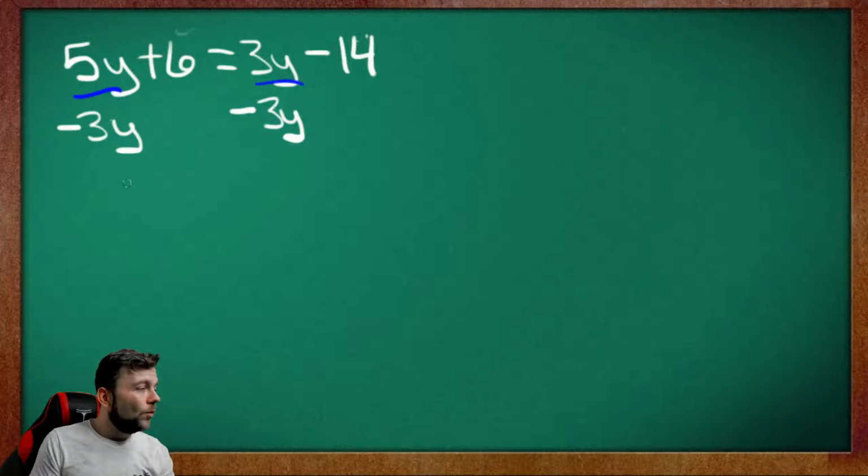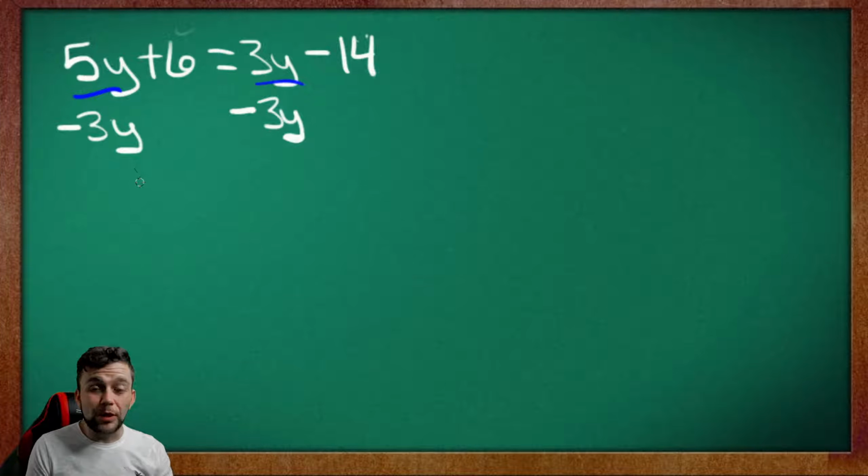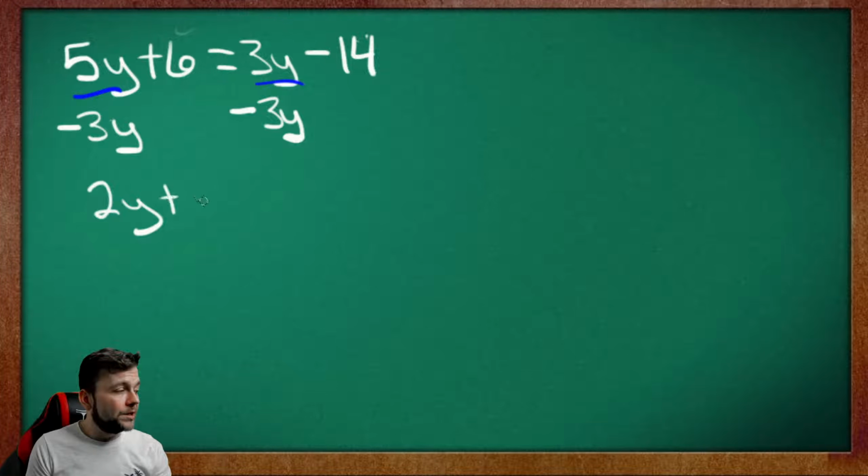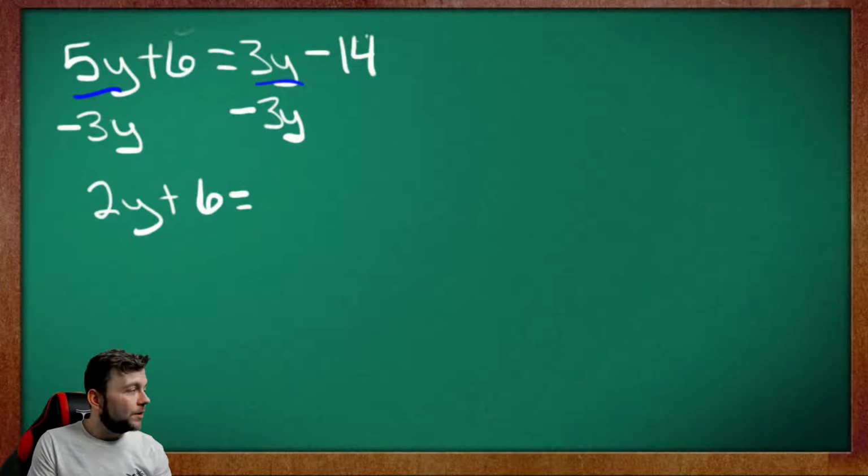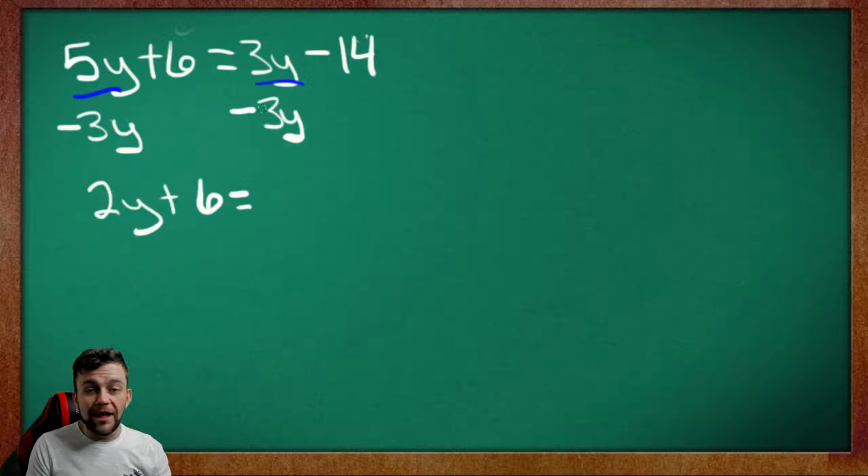And so what is 5y minus 3y? How many y's do you have left? That is 2y plus, bring everything else down, 6 equals, and what happens to our 3y and our minus 3y? That falls off into a 0, okay?